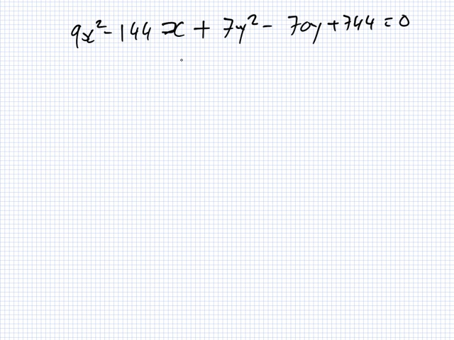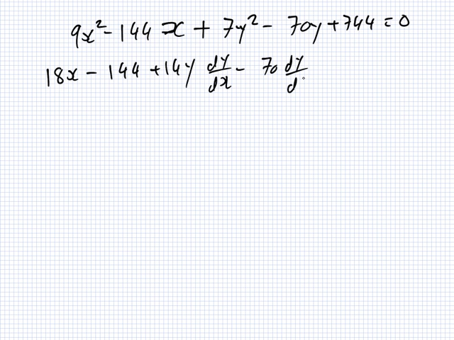We'll put that in a moment. So this will be 18x minus 144 plus 14y dy/dx minus 70 dy/dx equals 0. So dy/dx equals (144 minus 18x) all over (14y minus 70).